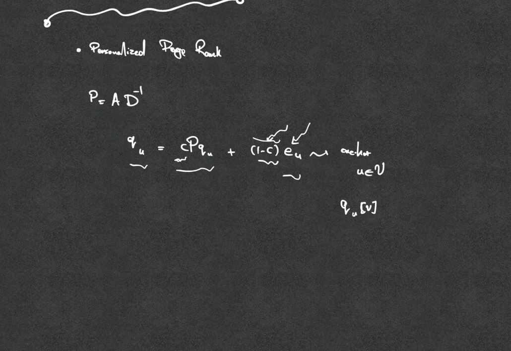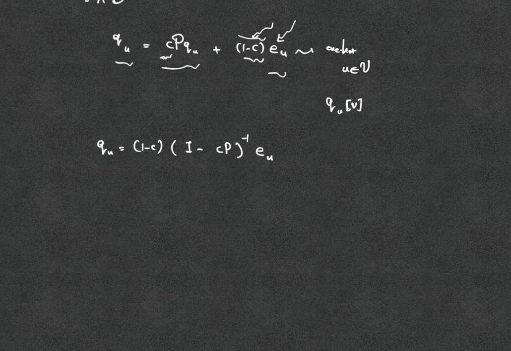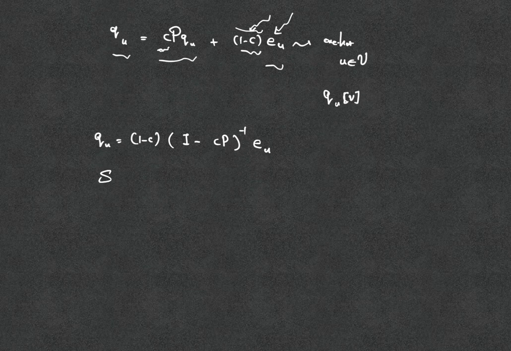Now, the solution to this recursive equation is going to be QU like this. And now, having solved Q, you can define the random walk similarity of node U and V like this.